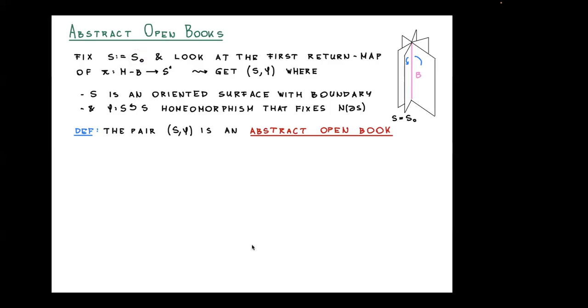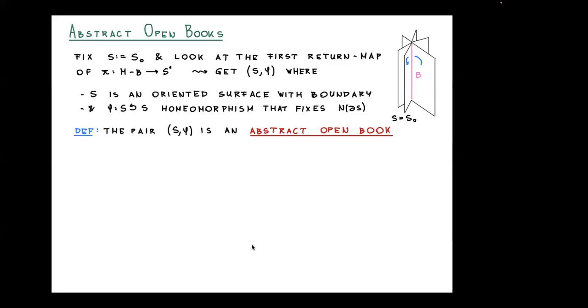Then I look at the first return map of the fibration as I go around. The first return map gives you a map from S, the chosen page, to itself. That's the map phi, and this map is going to be a homeomorphism that fixes the boundary.